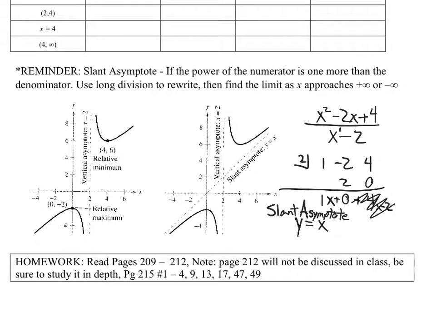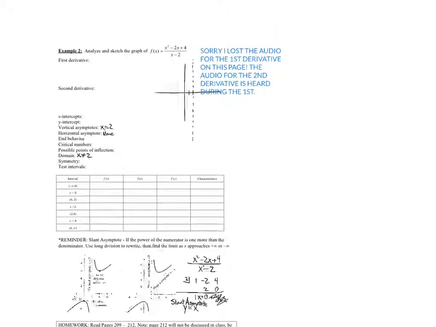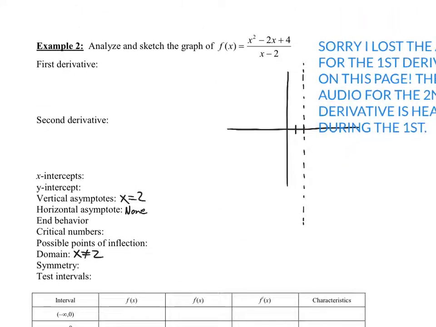Let's get back to this. We have this line y equals x now, that is the slant asymptote to work with. So that's all the first part: domain and range, and then we also got the slant asymptote.